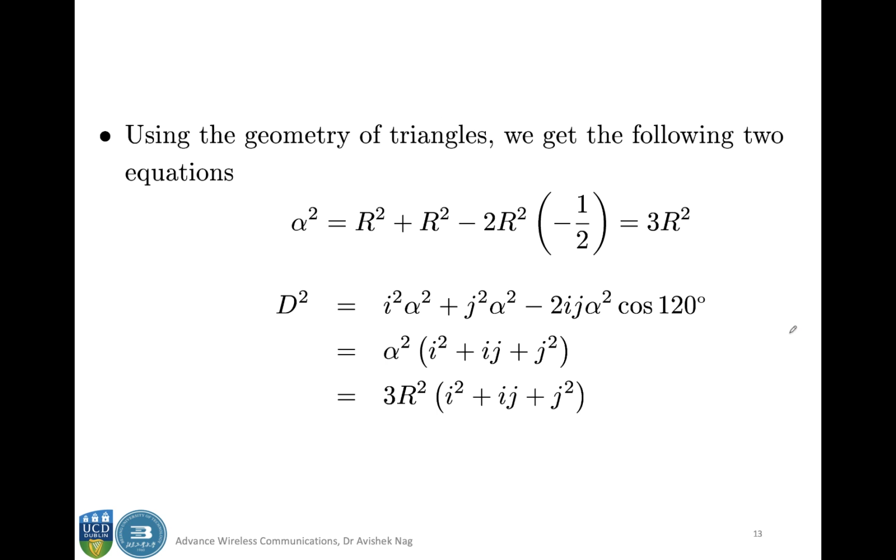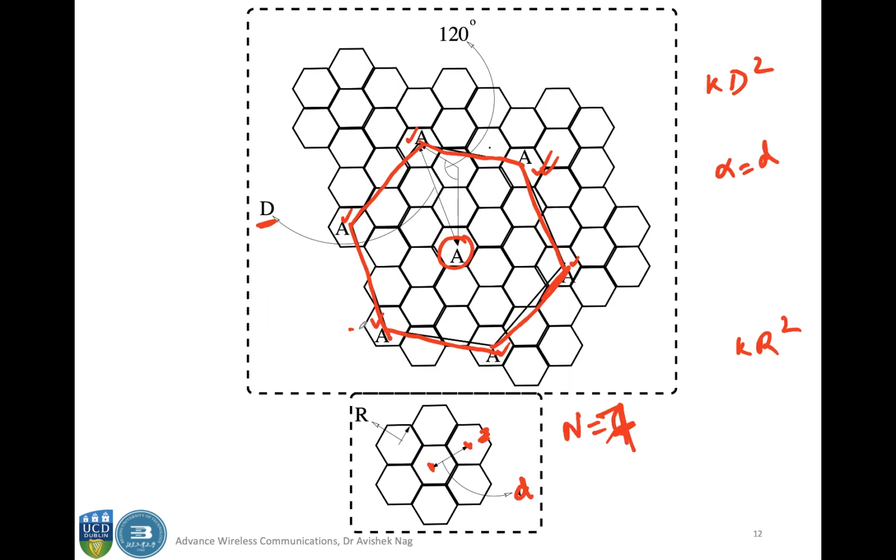Now from the geometry of the triangle, small d square is 3R square. We have established before that d equal to square root of 3R. Now capital D square, if you look into this geometry, this distance is capital D. Let's say you find the nearest co-channel cell by walking I cells towards north and J cells towards west.